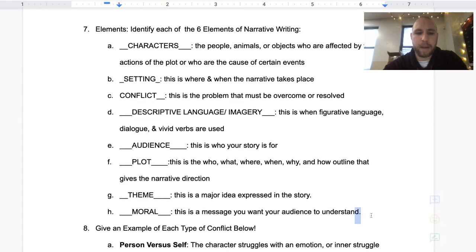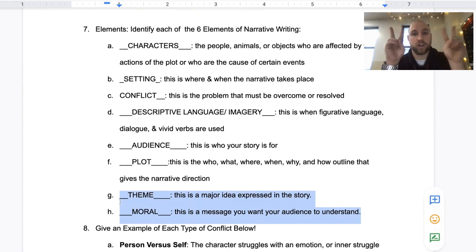I want to be clear here that moral and theme are 2 different things. A theme of a story is not necessarily a message that you want to cover. I use the example of James Bond. If you're watching a James Bond movie, James Bond is a bad person. He's violent, he's angry, he treats women very poorly. However, he's still the good guy.